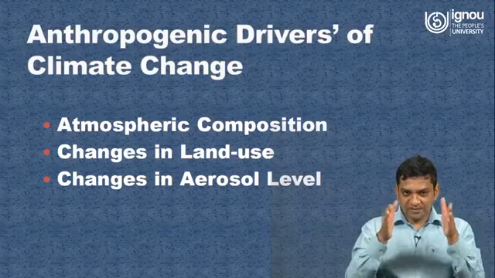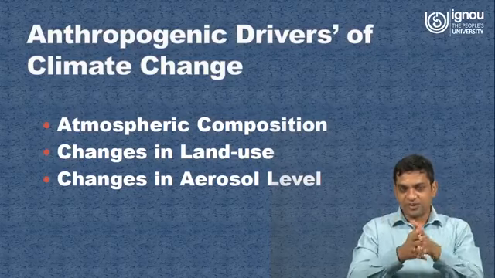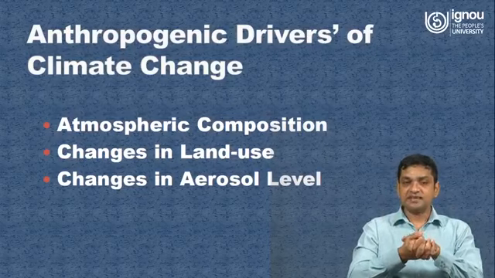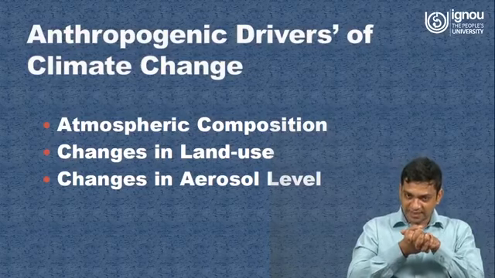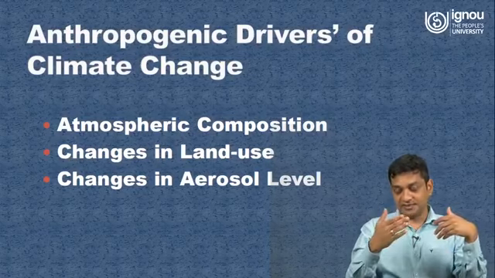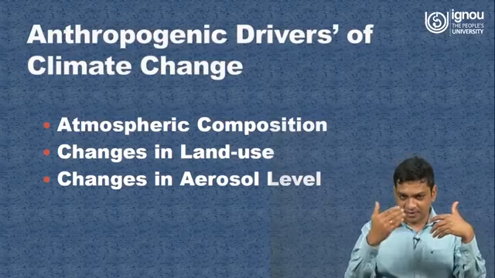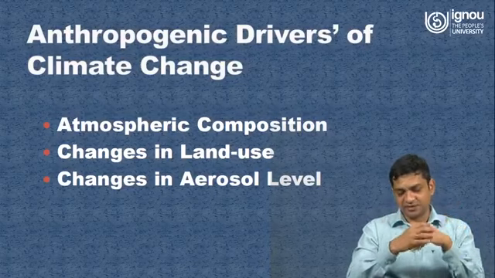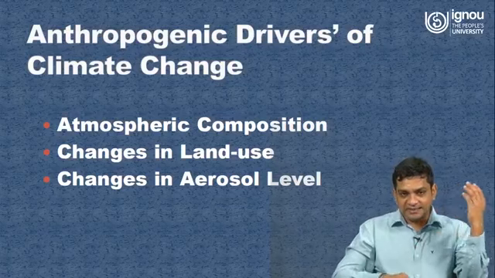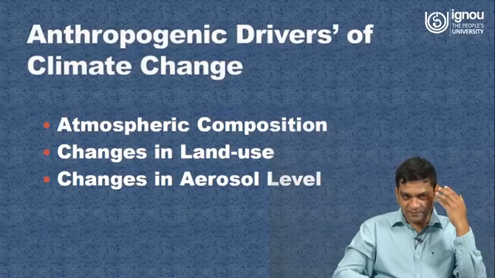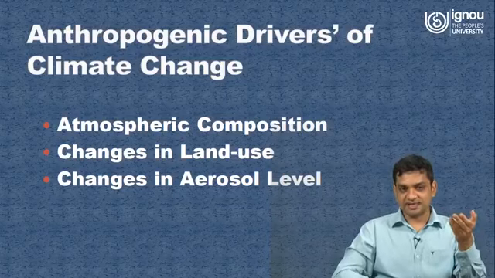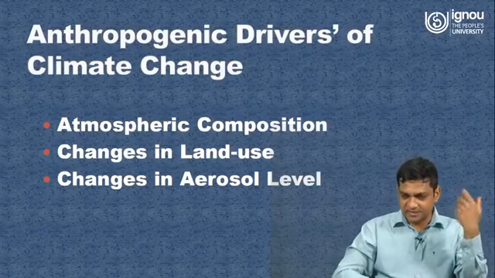Now we have to understand that the climate change we are talking about right now is anthropogenic induced climate change, and we call it modern climate change because human beings are responsible for causing it. You can see for yourself that since the Industrial Revolution, look at the concentration of the trace gases, greenhouse gases, the atmospheric composition that has changed.